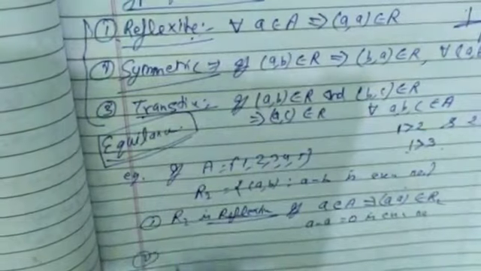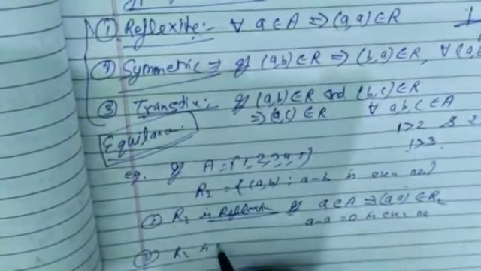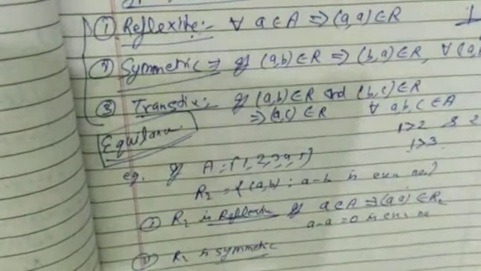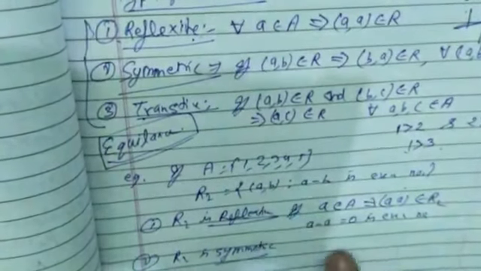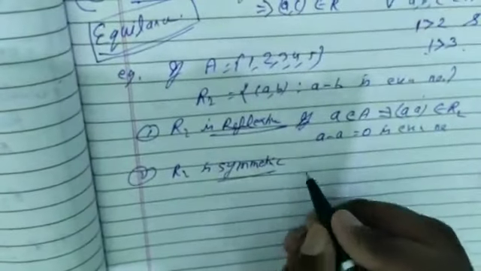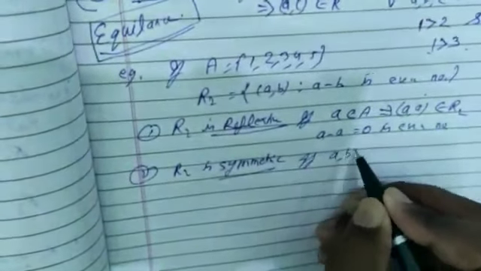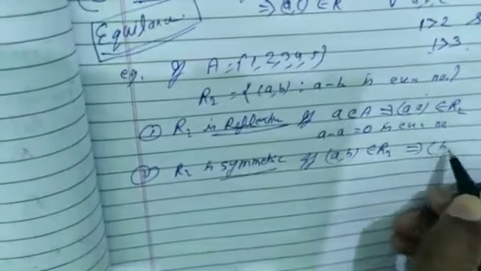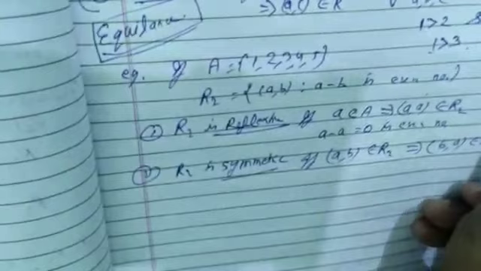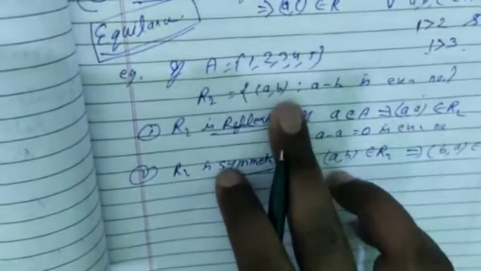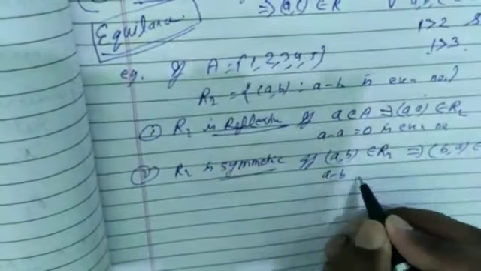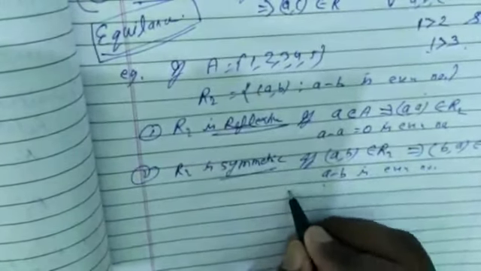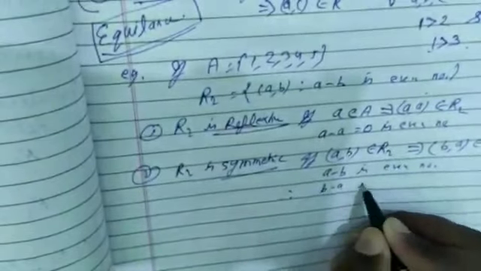Second, R2 is a symmetric relation. R2 is symmetric means if (a, b) belongs to R2 implies that (b, a) belongs to R2. For example, a minus b is an even number, so b minus a is an even number.